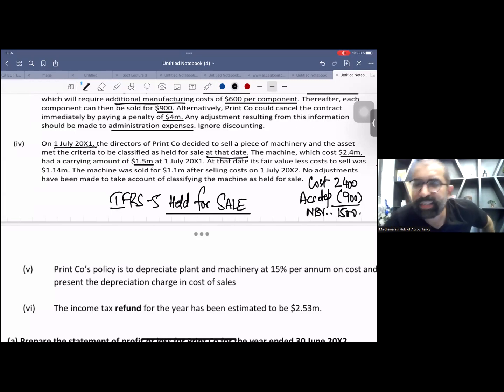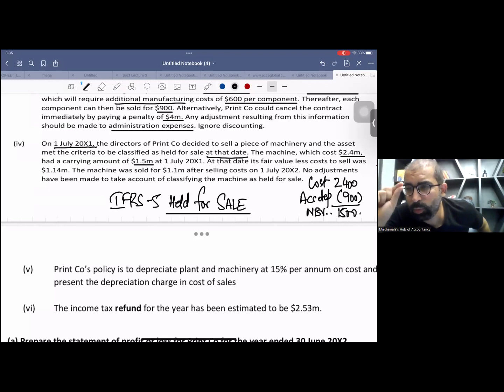So the asset is going to give us benefit with sale, not usage. Sale means fair value less cost to sell. Now we'll get the only one benefit, that is fair value less cost to sell.